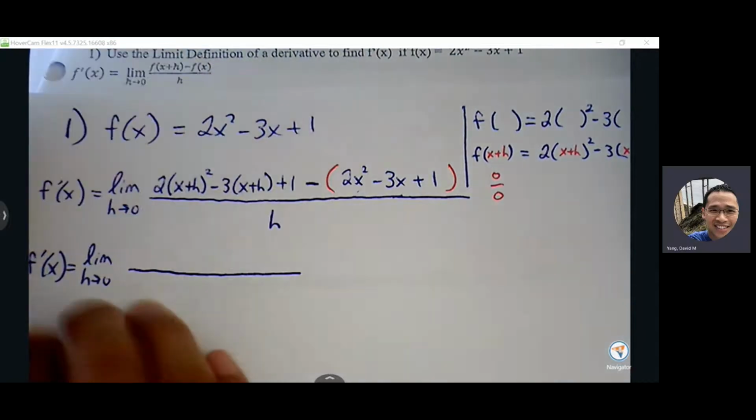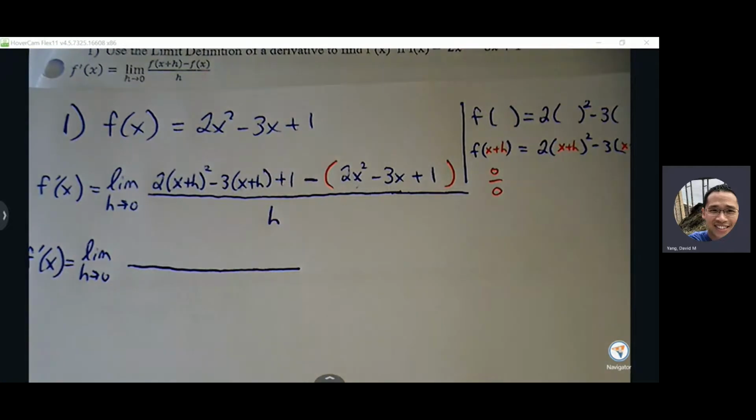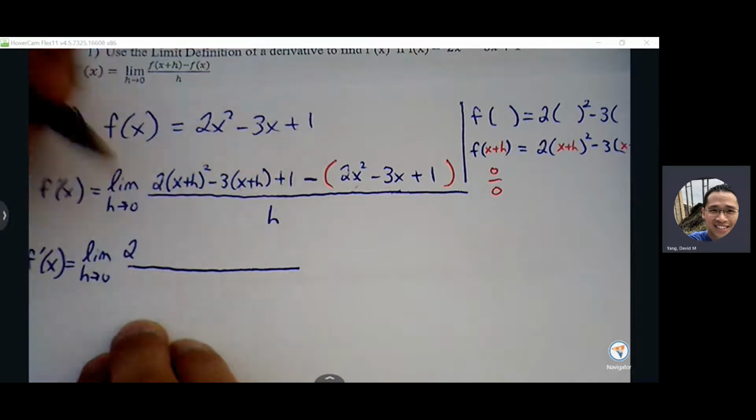Now, what's the appropriate way to clean up that 2x plus h squared? FOIL and then distribute, right? If you distribute the 2 through first and then expand, we have to make sure we follow order of operations, right? Exponents are going to be handled first, and then the 2 can be handled.